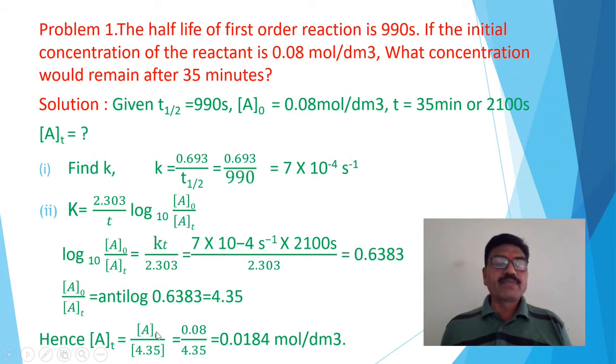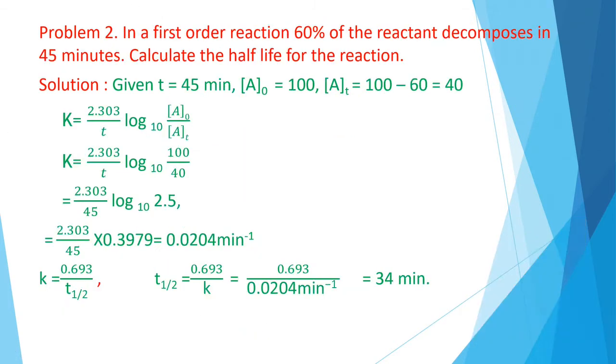A0 is given, so we have the value of this. So the concentration at time t is equal to this. Rearrange this, put in the values, and finally you get the concentration at time t, with unit moles per decimeter cube. In this way you can solve numericals based on the integrated rate law.